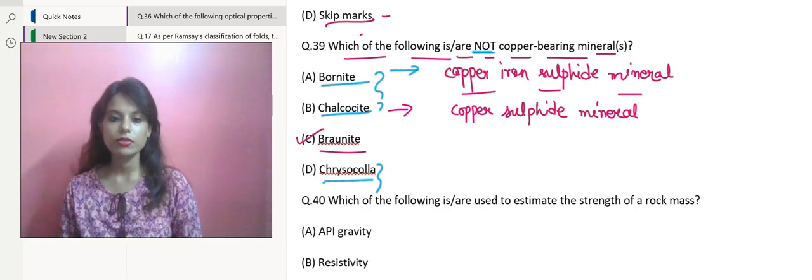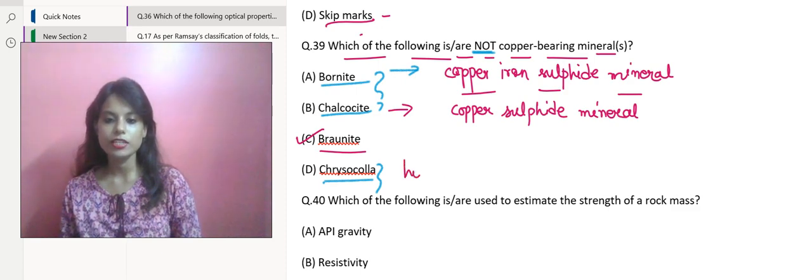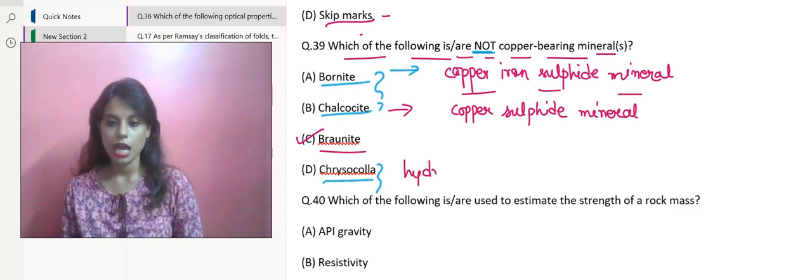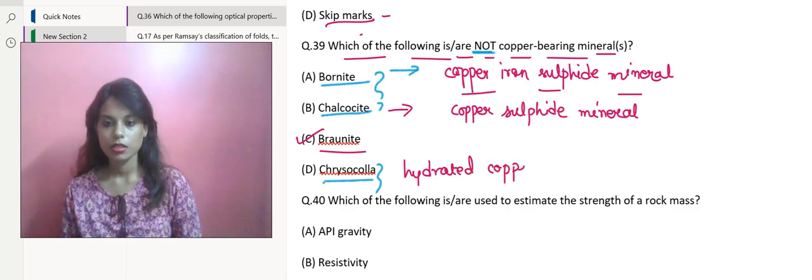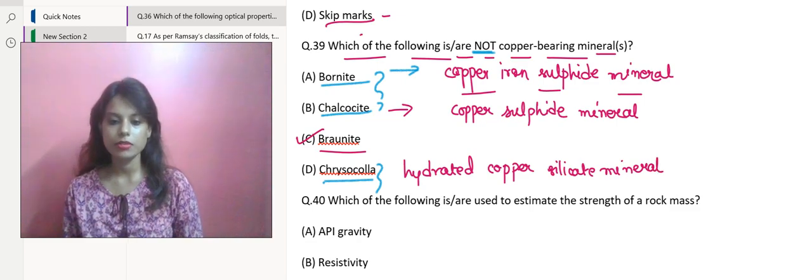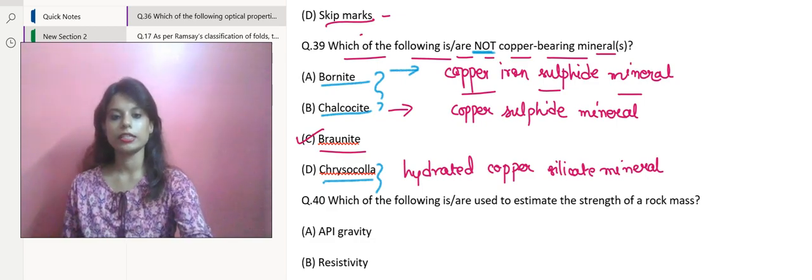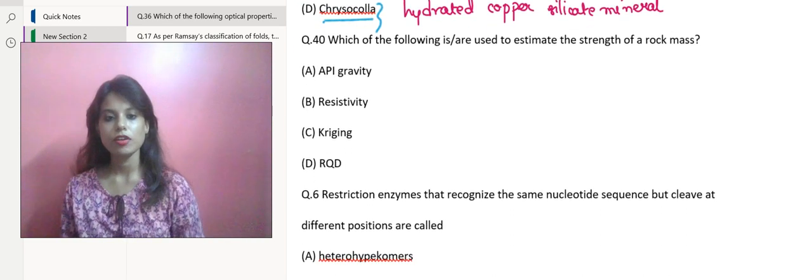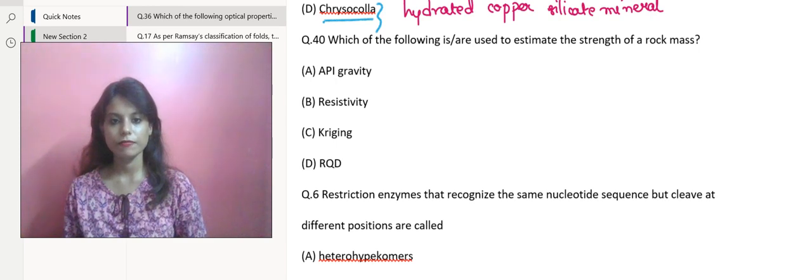Now talking about chrysocolla, it is a hydrated copper silicate mineral. And this is often found in the oxidation zone of copper deposits. So we have got our correct answer already. Let's talk about the next question, question 40.